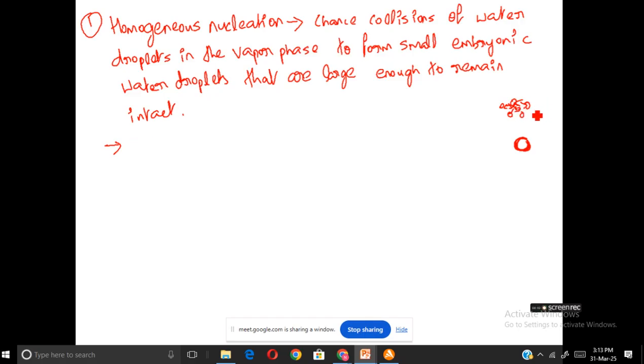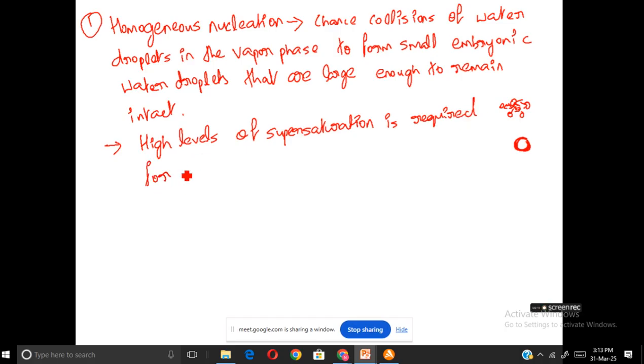If the droplets are forming by the chance collision of water vapor molecules, then the water droplets formed by this method need high levels of supersaturation to remain intact.